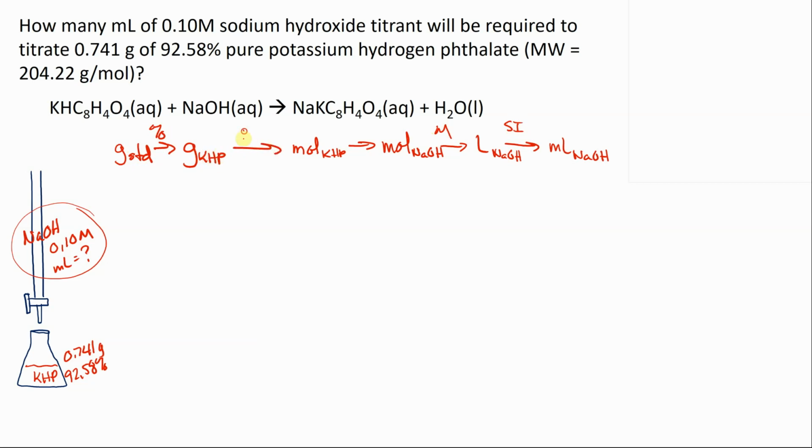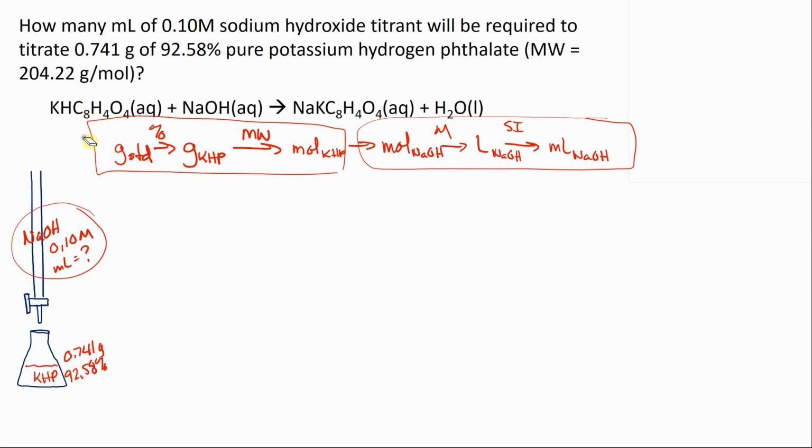Then we can use a molecular weight to go to moles of KHP. Once you have your dimensional analysis set up, then you can start plugging it in. But again, what we have here is the chemical we're trying to calculate something about on the right, and on the left, the other chemical, the material we started with.